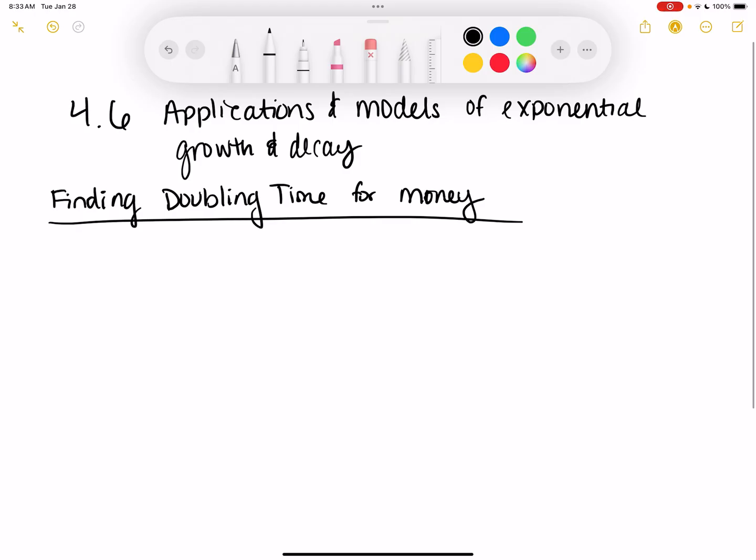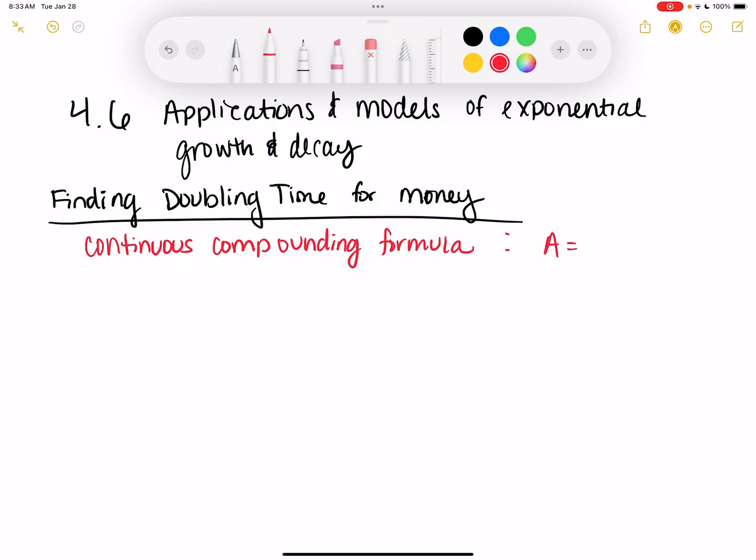A formula that we're going to need is the continuous compounding formula, which is A equals P e to the rt. There are a lot of different money formulas, but this one involves e, which is why it goes with the exponential growth and decay stuff, like using logs to solve depending on what we're trying to solve for.